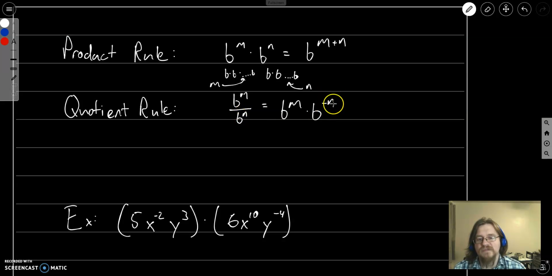If I move it to the top, it's as if I had a negative n there. Again, negative exponents means that we're going to flip it to the other side of the fraction. So I can flip b to the n to the top to get b to the minus n. And what happens when we multiply? We're just going to combine the top. So m plus negative n is the same thing as m minus n. So again, if we're dividing, we're just going to subtract the exponents.